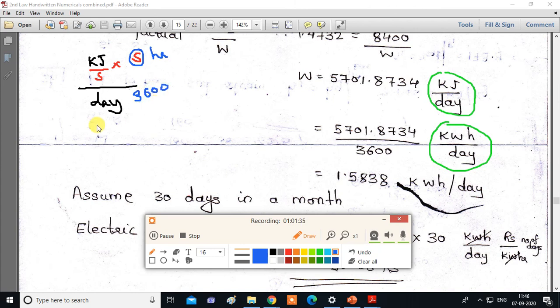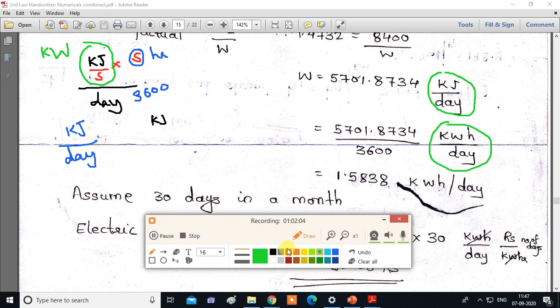So when you have a unit like kilojoule per day and you divide it by 3600, this kilojoule per second, what is this? Kilowatt. And this R will remain as it is.